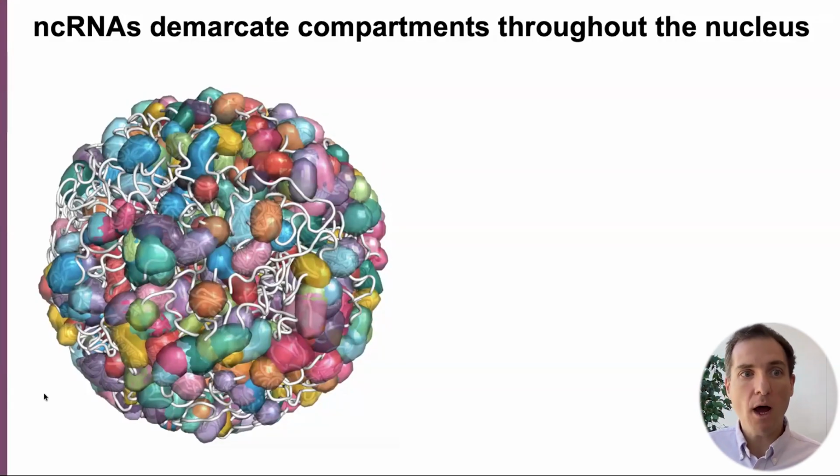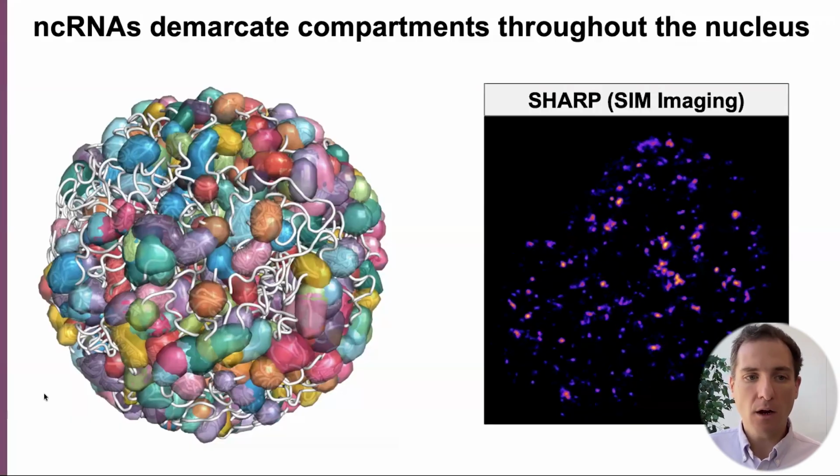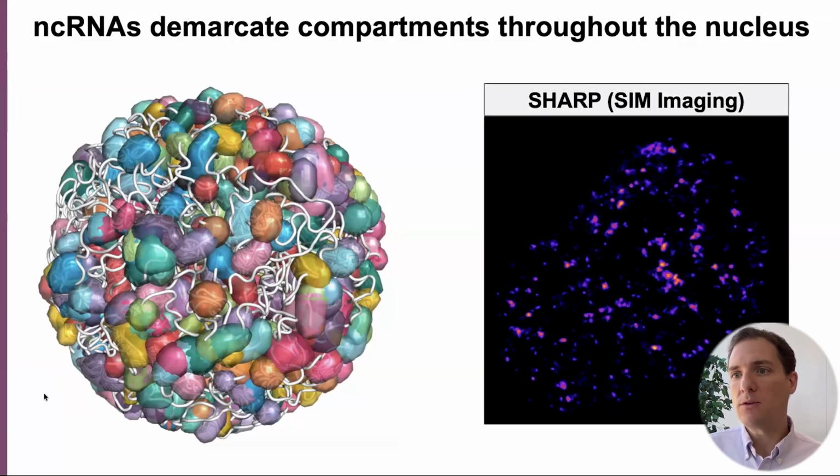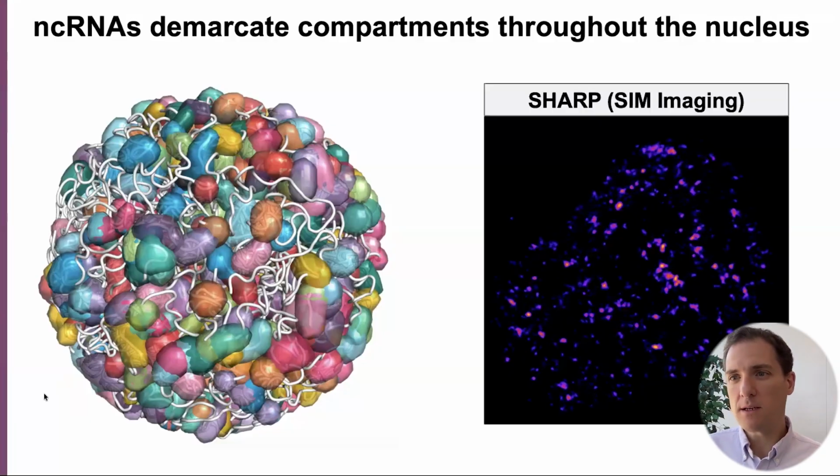I'll just highlight one, and this is focusing on an RNA binding protein called SHARP that is responsible for recruitment of the histone deacetylase complex HDAC3. And when you image the localization of SHARP across the nucleus using super resolution microscopy, what you can hopefully appreciate is that SHARP concentrates at specific locations within the nucleus rather than being diffusively localized broadly throughout the nucleus.